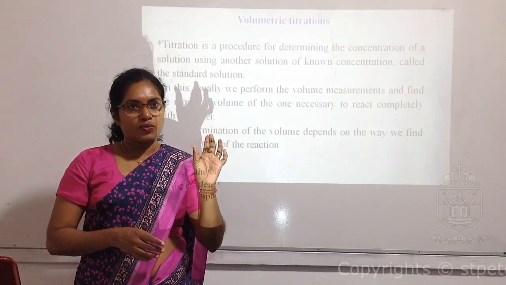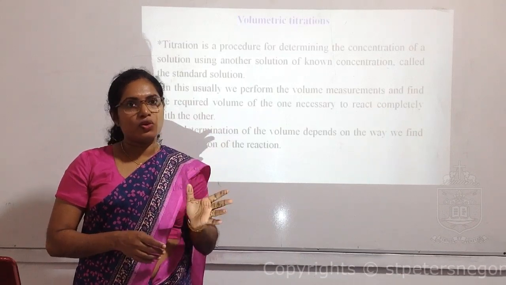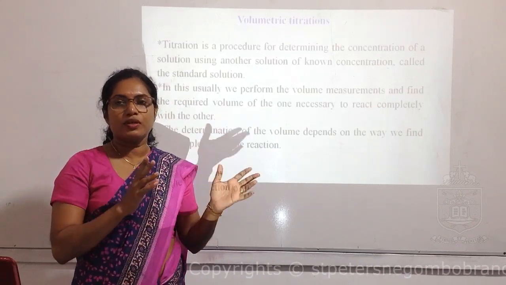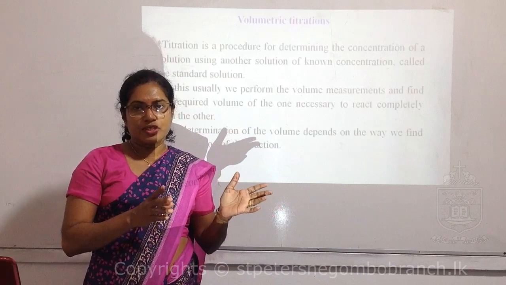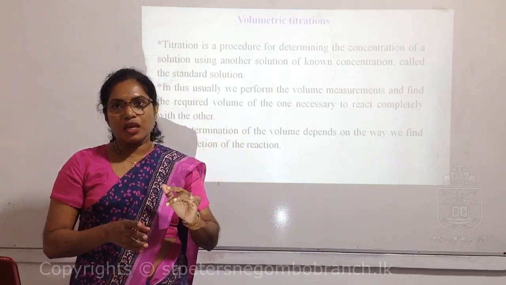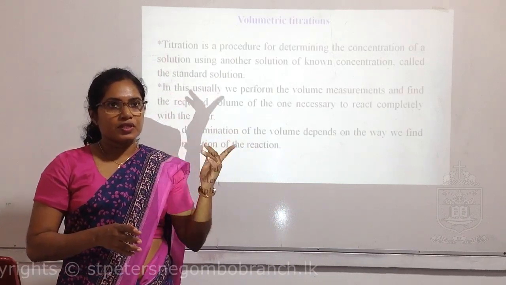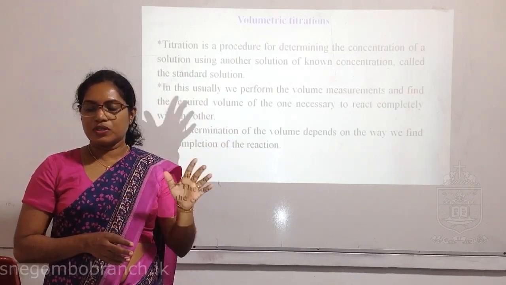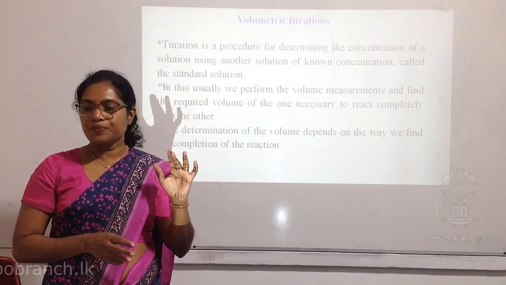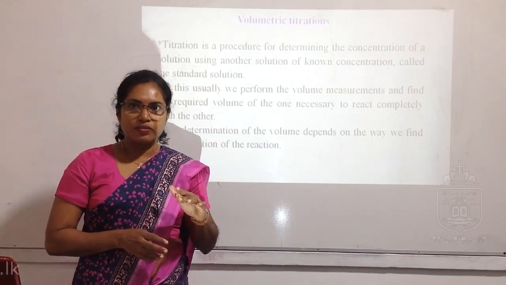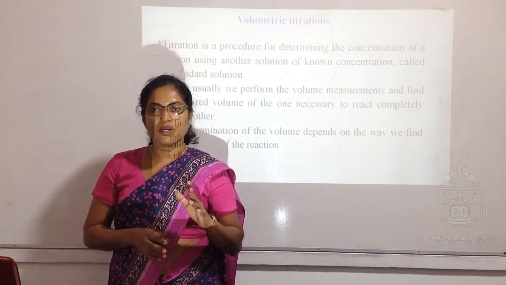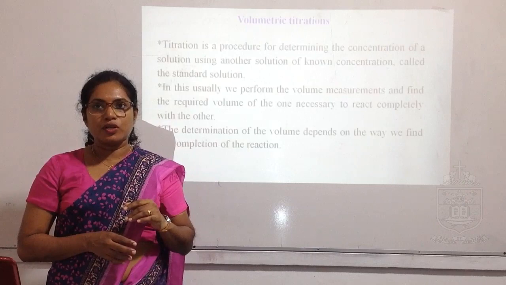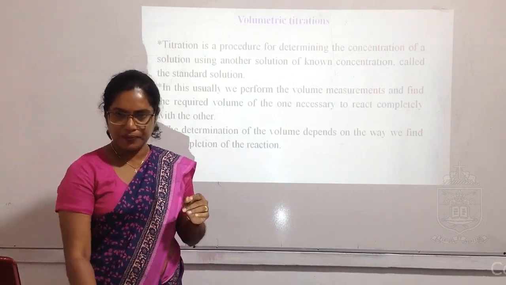And then, if we know the stoichiometry of the reaction, we can calculate the concentration of the unknown solution. So this is the procedure which we follow when we do a volumetric titration.